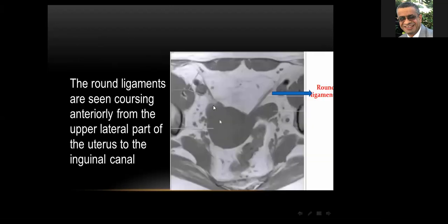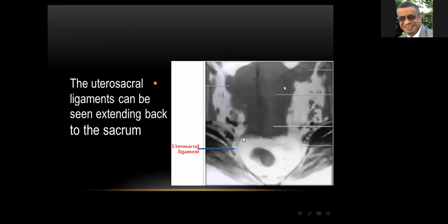In this axial T1 MRI, we can see the round ligaments crossing anteriorly from the upper lateral part of the uterus to the inguinal canal, and the uterosacral ligament can be seen extending back to the sacrum.